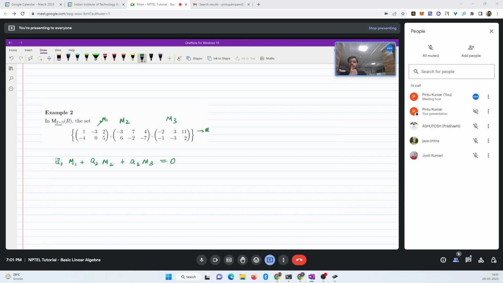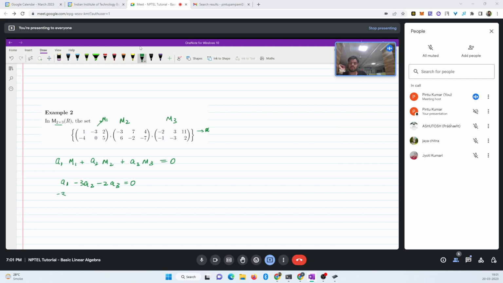Now if you write the first element using this, let's see what we obtain. We obtain A1 plus A2, minus 3 A2, minus 2 A3 equal to 0.